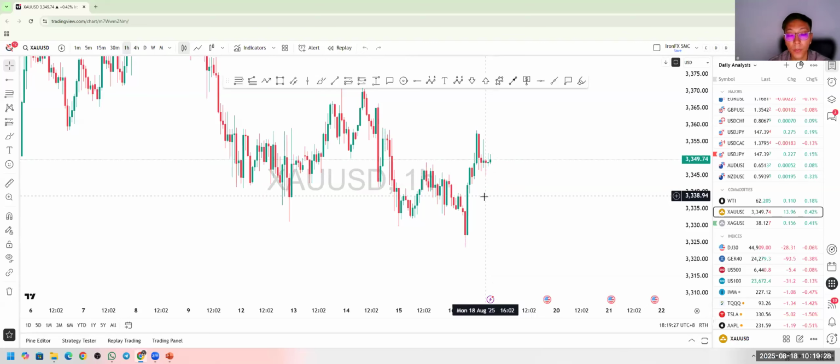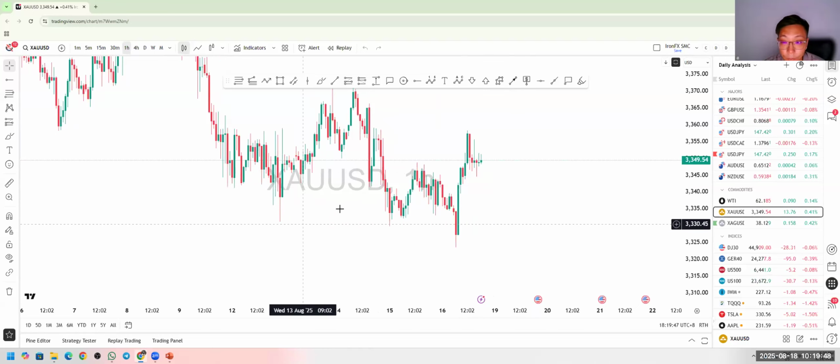So liquidity hunt is one, secondly would be change of character, third would be fair value gap, and fourth would be Fibo retracement level within the fair value gap. Once I have all this, I would tend to enter.